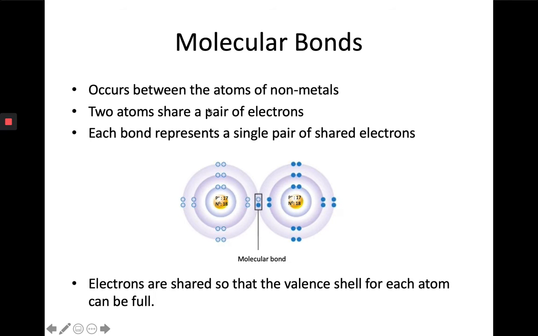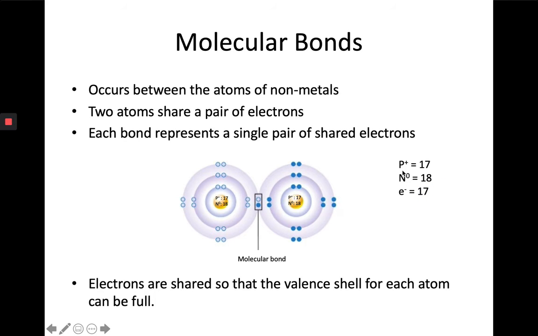If we have a look at this example here, we have this atom sharing one of its electrons with this atom. So they each now have 8 electrons in their outer shell, and they're both happy now. We can have a look at what exactly these two atoms are.